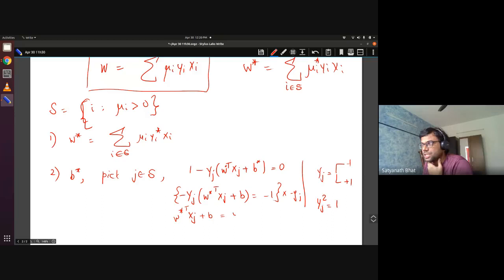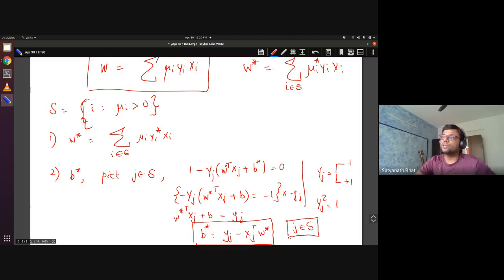So b star is equal to yj minus w star transpose xj. I just interchange it because it doesn't look nice, so I will write it like this. So what is j? J belongs to one of the support vectors. You pick any support vector you like and you can do this. So are we done? Is there anything else that we need to do?